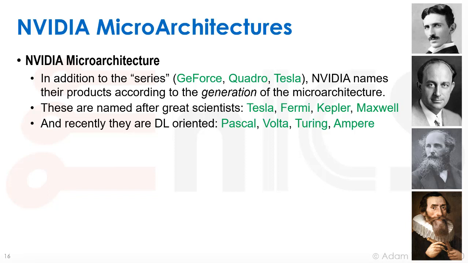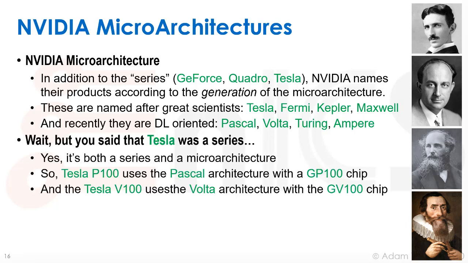Tesla, Fermi, Kepler, and Maxwell were the older versions. And recently, especially since they've gotten into the deep learning space, we've had Pascal, Volta, Turing, and Ampere. But there's a problem here because we have Tesla over here and Tesla over here. Tesla is both a series and a microarchitecture, and that gets really confusing.